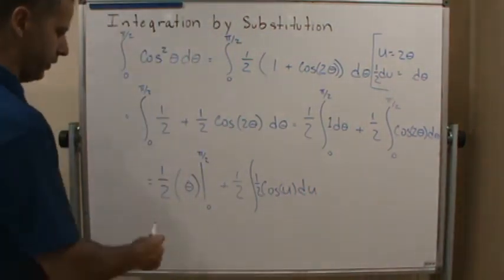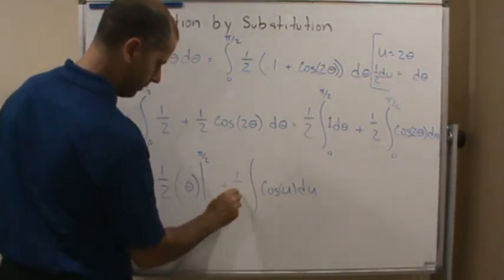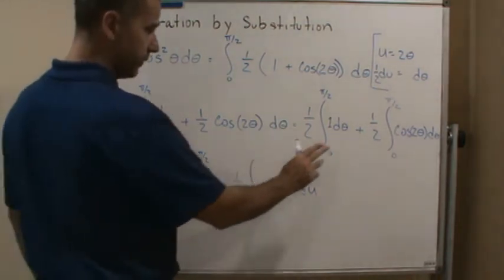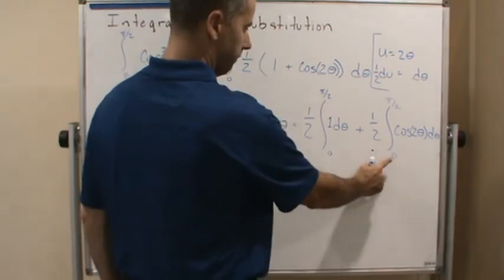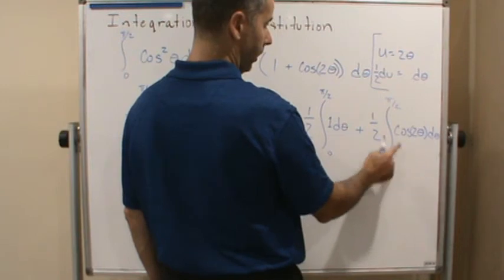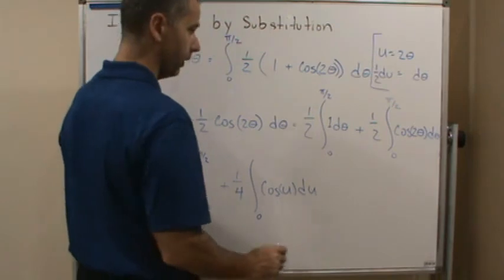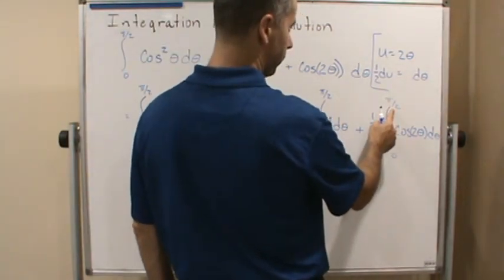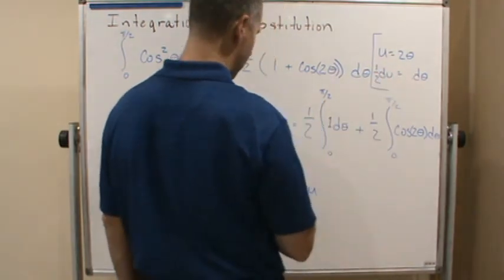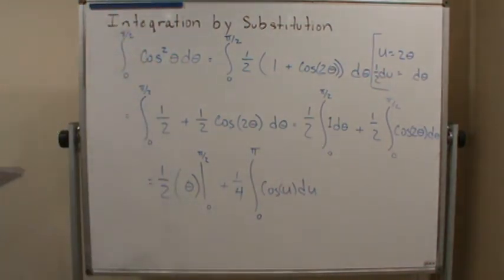Okay, and so this 1/2 is just going to come out, and this is going to become a 1/4. And now my limits of integration are going to change, because if theta is 0, u is 0. So that doesn't change. If theta is pi over 2, u then becomes what? Pi. So now I'm going to go from 0 to pi.